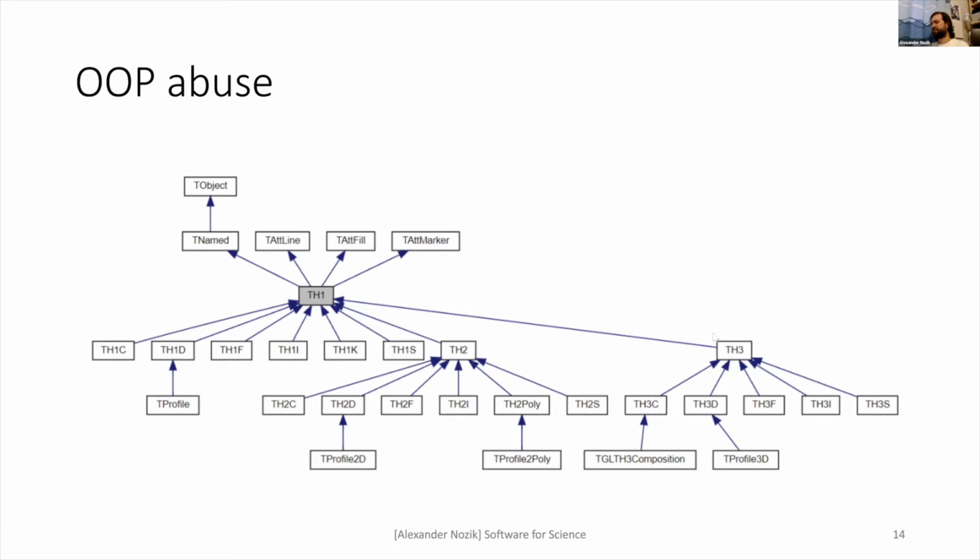It means that the three-dimensional histogram will have some behaviors which are not intrinsic to three-dimensional histograms. And there are a lot of other things too. For example, classes done specifically for visualization only inherit the logic of a histogram, which also does filling, serialization, etc. It is a problem.